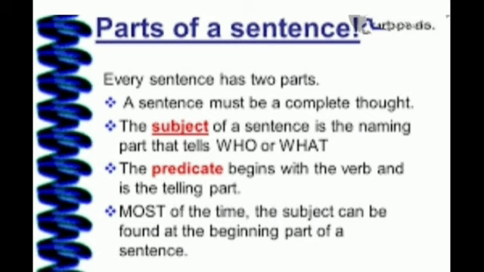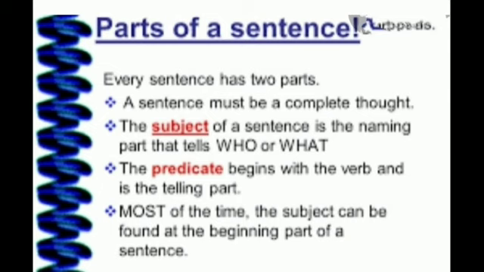So, predicate means verb and object. Predicate starts with the verb and ends with the object. That is called as predicate. Hence, predicate begins with the verb and has the telling part.